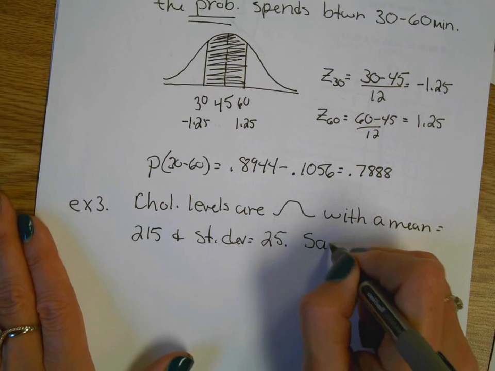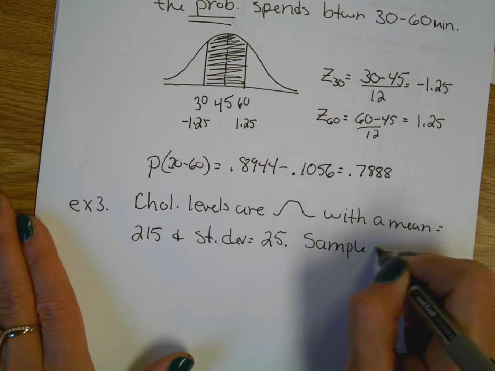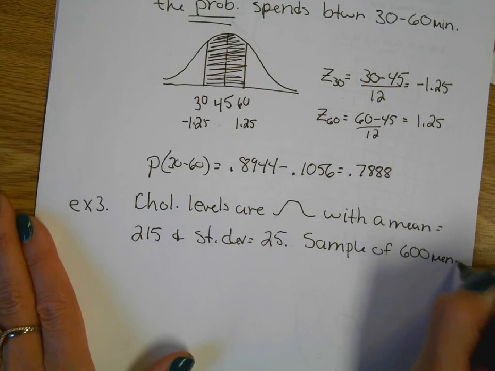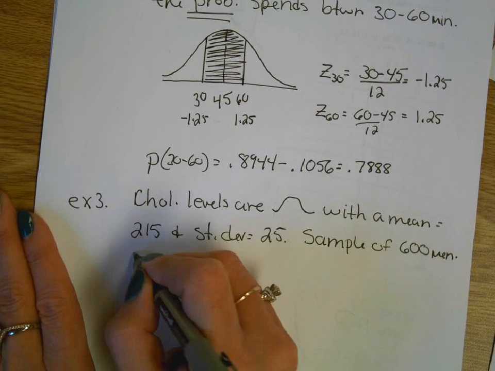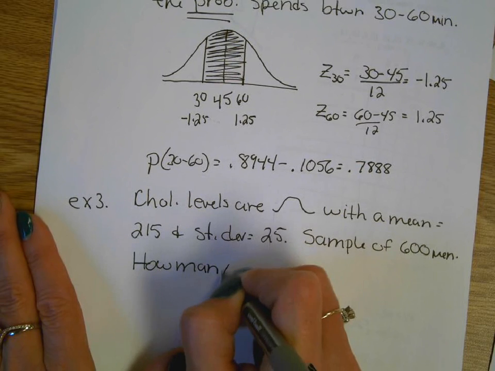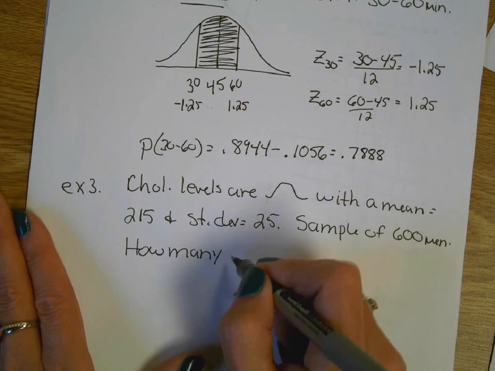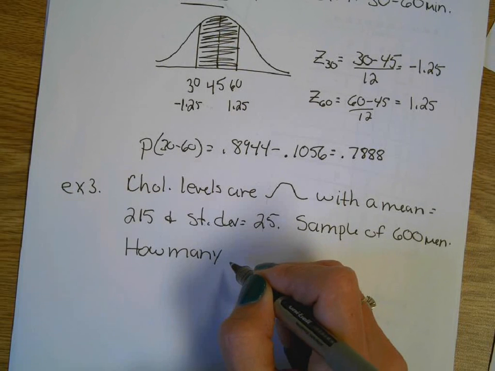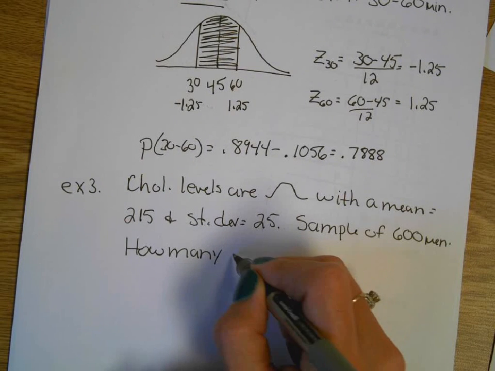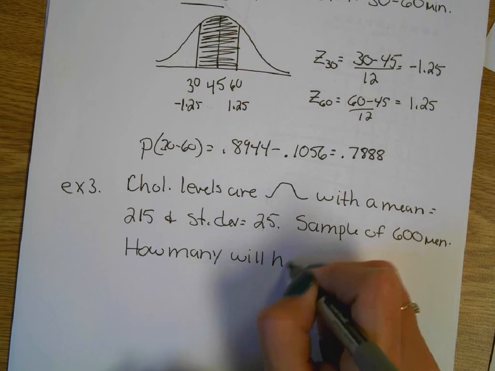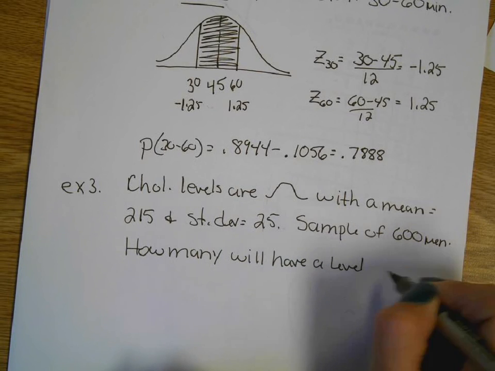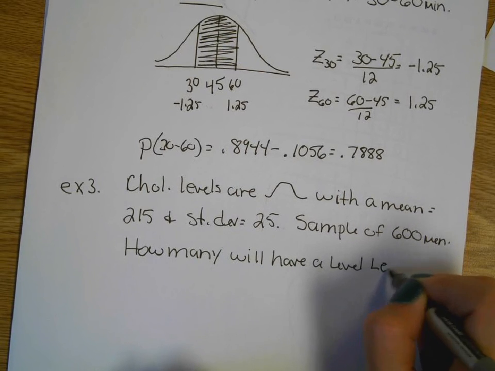You're going to take a sample of 600 men. My question is, how many? That's a normal distribution. How many will have a level less than 170?